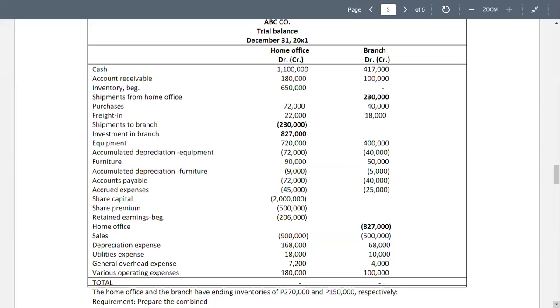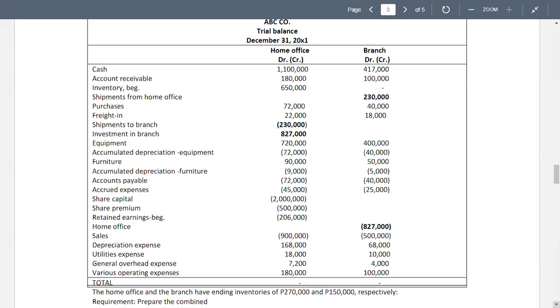So what you are going to do is to merely copy all the accounts that you can find in the books of the home office and in the books of the branch. You just copy them. In other words, you just extend to your working paper for combined financial statements. You just copy all the accounts.